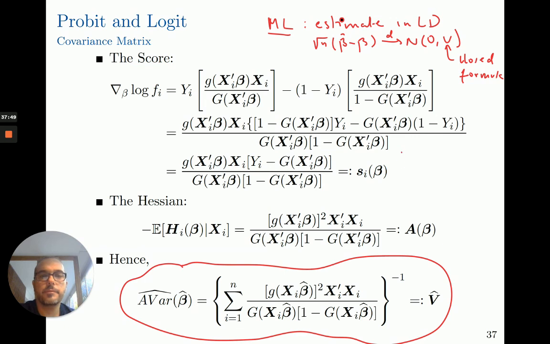But beta does not represent partial effects.